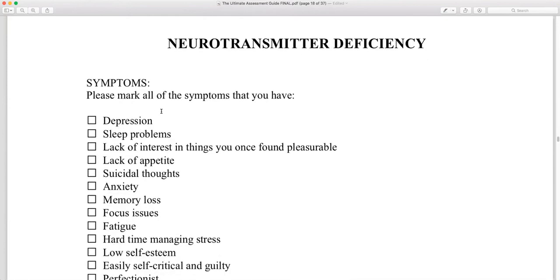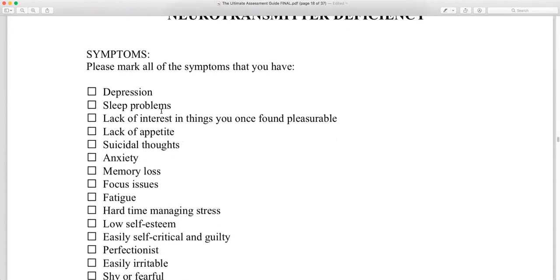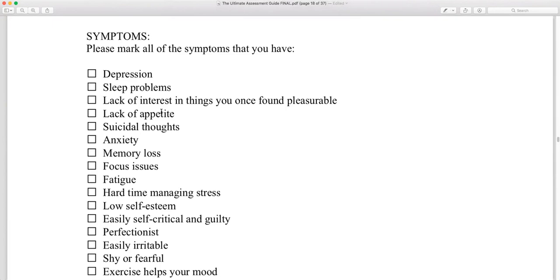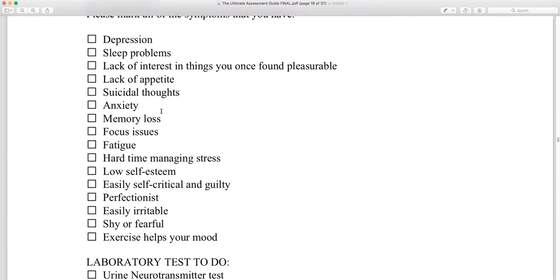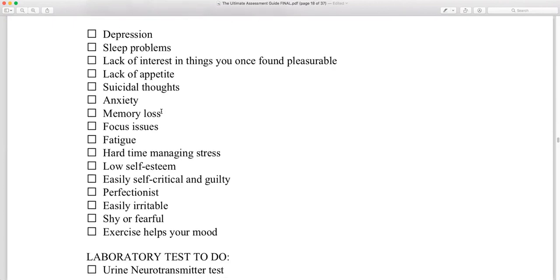So then neurotransmitter deficiency. Please mark all the symptoms that you have. So this is depression, sleep problems, lack of interest in things you once found pleasurable, lack of appetite, suicidal thoughts. Those are mainly serotonin deficiencies. Anxiety is more like GABA, gamma-aminobutyric acid.